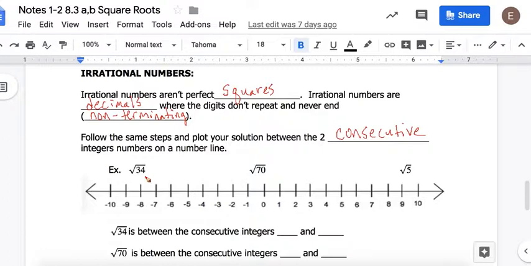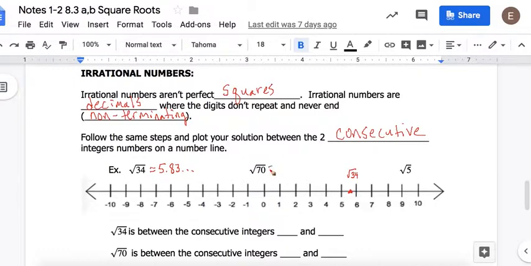So I would type in 34, hit the square root button, and my calculator says 5.83, and I would go dot dot dot, meaning it goes on and on forever. So 5.83 would be between 5 and 6, so those are the consecutive numbers it would be between, and it's close to 6 but not quite. And I'm going to put the square root of 34 over the top of that.